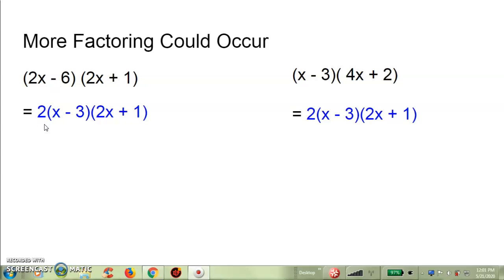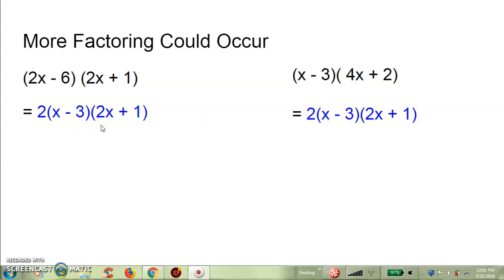So that would be 2 times x minus 3, and then this stays the same. And then over here, I figured I could factor a 2 out of this. So I did that, and I wrote the 2 first. I kept x minus 3 the same, but when I factored the 2 out of that, it became 2x plus 1. I think you can then see by looking at these, those are the same answer.